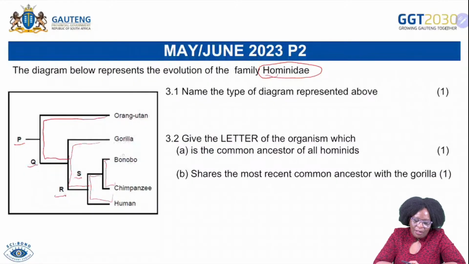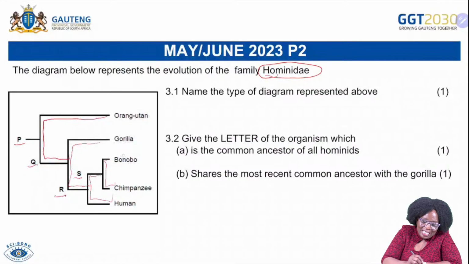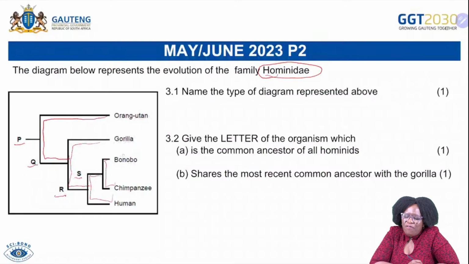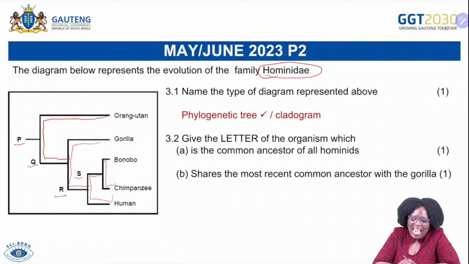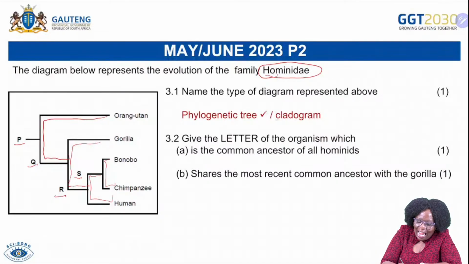Very important. Question 1. Name the type of diagram represented above. Everyone knows this answer. You must know this answer by now. What is this diagram called? It is called the phylogenetic tree or the cladogram. Check the spelling.